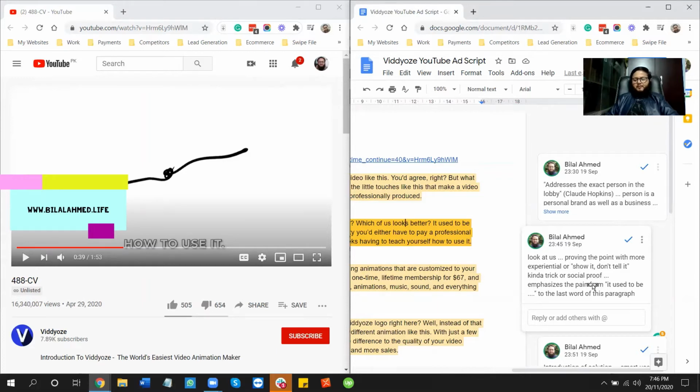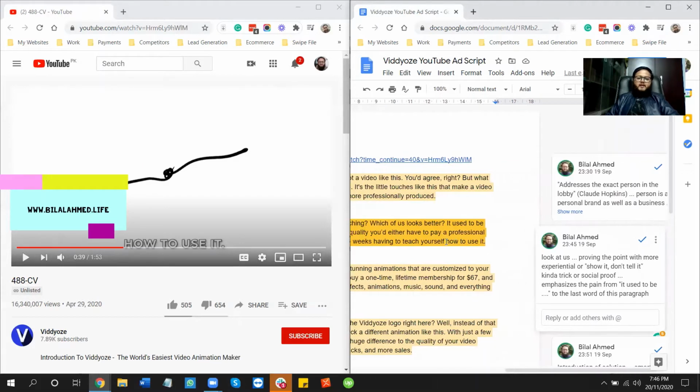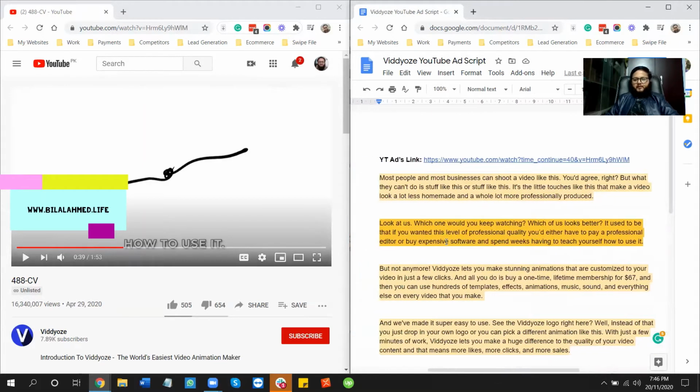He emphasizes the pain of the target customer from "it used to be" to the last word of this paragraph. So he's basically poking here. He's basically talking about the pain points and the problems of the target customer. So what are those? That if you go to an editor, he would be very expensive.